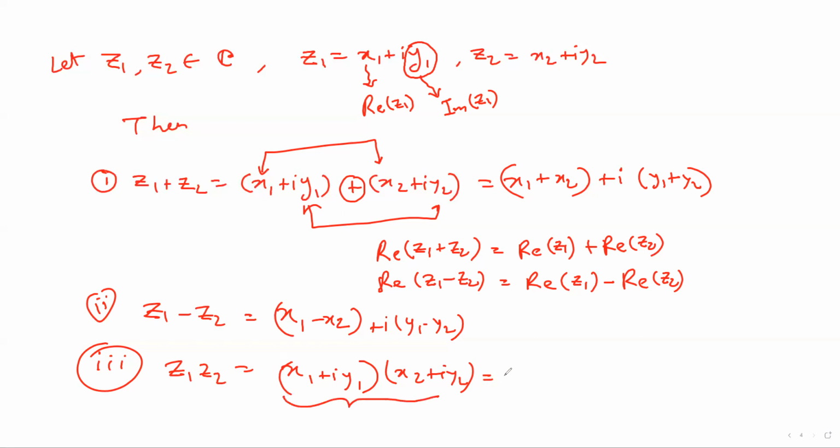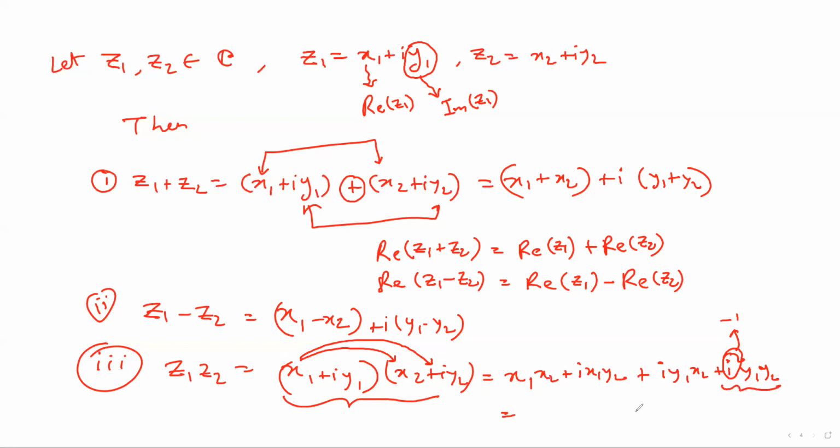Let's see. If you multiply term by term, x1 x2 plus i x1 y2, so I multiplied by x1 this guy first and then this guy. Its i y1's turn now, so i y1 x2 plus i y1 y2, but we have 2 i's here, so i squared, and you should be able to recall that i squared is -1.